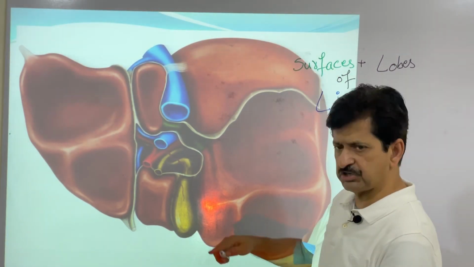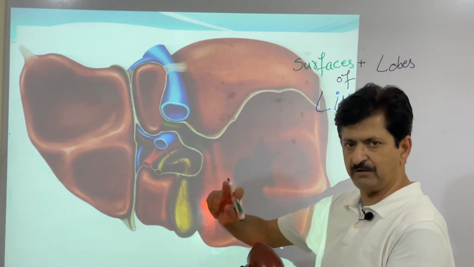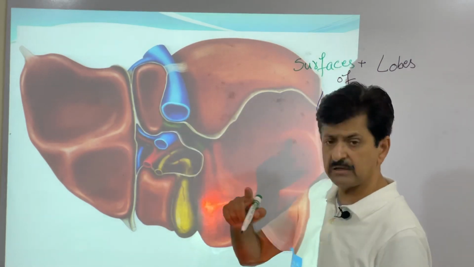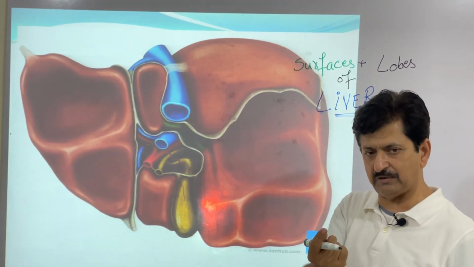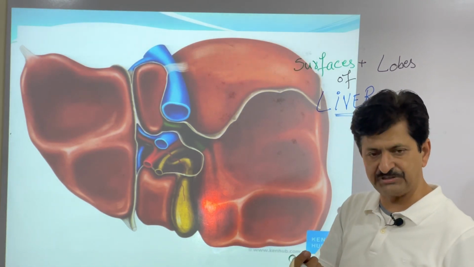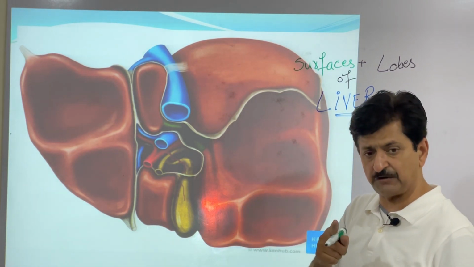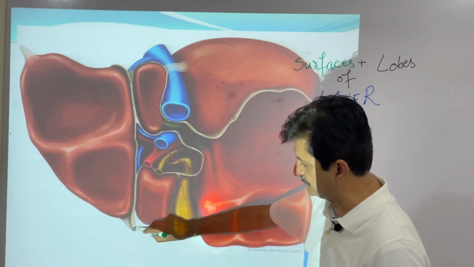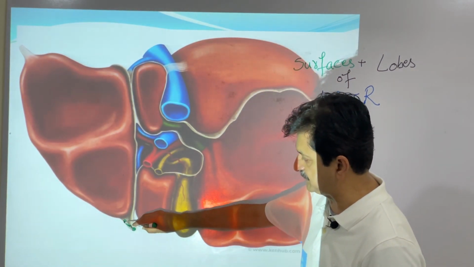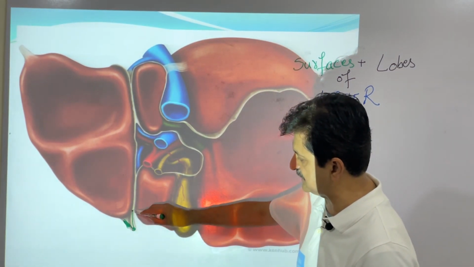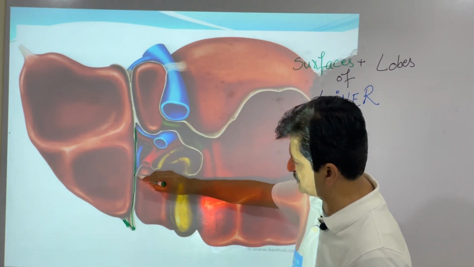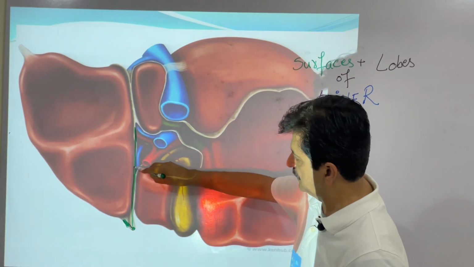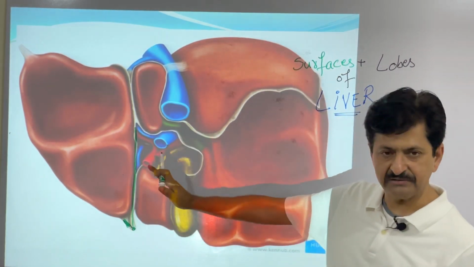Similarly, this is on the back of the falciform ligament, because on the front side there was the ligamentum teres, the obliterated left umbilical vein, in the free edge of the falciform ligament. You see the same here. This is the round ligament, the ligamentum teres, and this is the area where your round ligament has been buried.